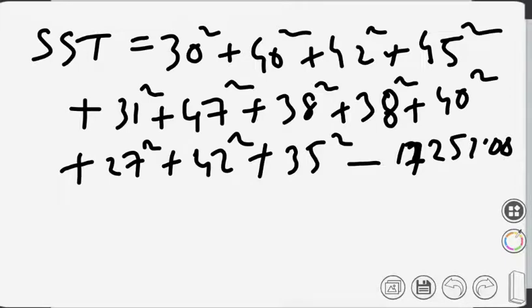So calculate the value. How much is this? 30 square plus 40 square plus 42 square plus 45 square plus 31 square plus 47 square plus 2 into 38 square plus 40 square plus 27 square plus 42 square plus 35 square minus 17252.08.